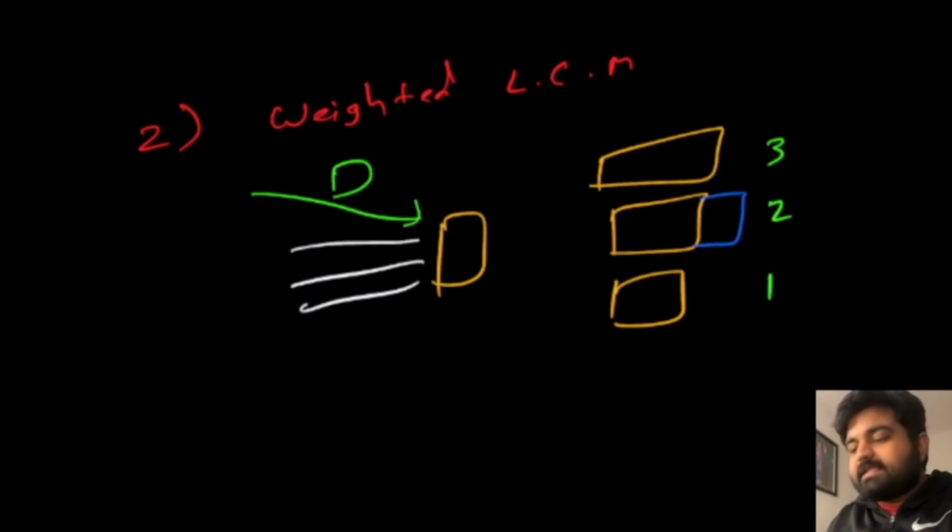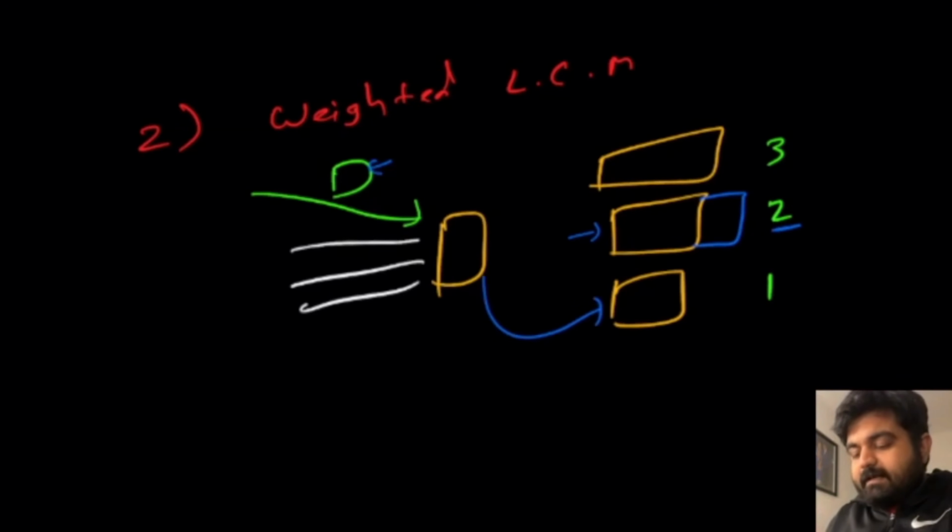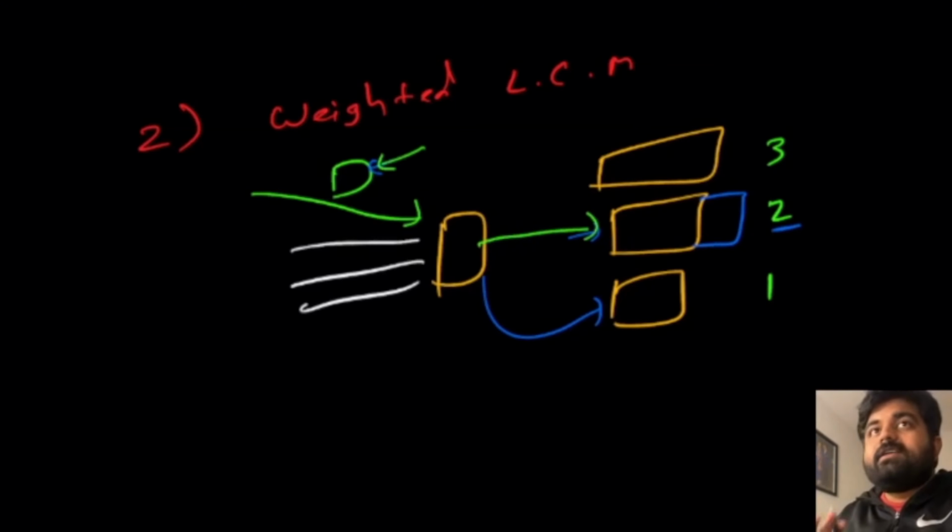So let's assume that this one is a more powerful server, specifically designed for weighted traffic, and it also has moderately less traffic. In this case, rather than sending this transaction over here, the load balancer is going to send it over here so that it can get processed faster because it has higher weight. So this is the weighted least connection method.